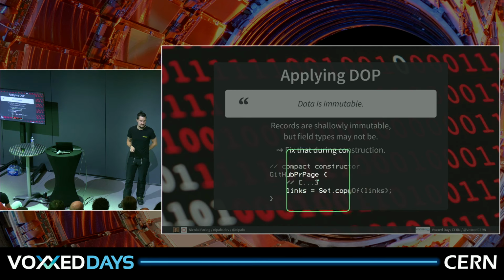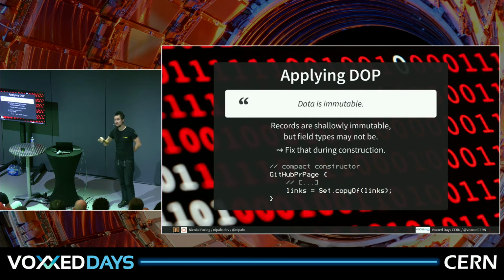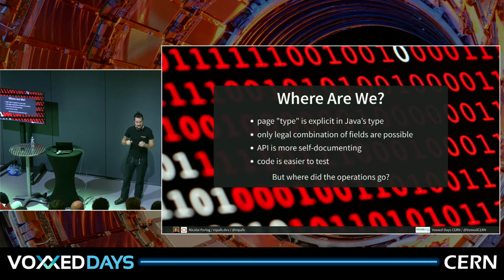So here, the GitHub PR page gets a set of links, and I'm just creating a Set.copyOf. I'm just creating an immutable copy of that, so that when somebody asks my pull request page for the outgoing links, they cannot call clear on it. Or rather, because it's the Java collection framework, they can call clear on it, but they will get an unsupported operation exception.